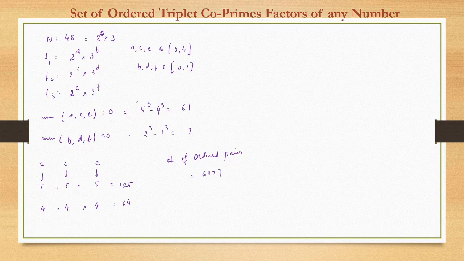Otherwise, whenever there are triplets or quadruplets, it automatically becomes ordered. So 61 into 7, that is nothing but 427. So this is the number of ordered triplets which are co-prime to each other.